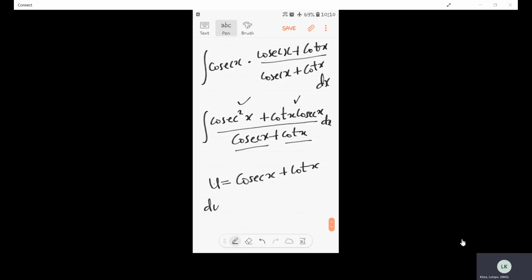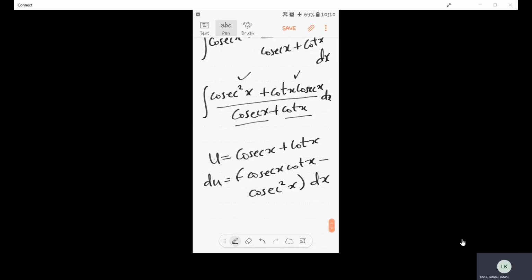This means that du is equal to negative cosec x cot x minus cosec squared x, and this is all dx. So I'll divide by -1 on both sides, then what I have is minus du.